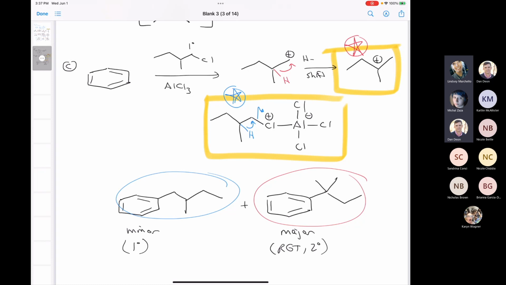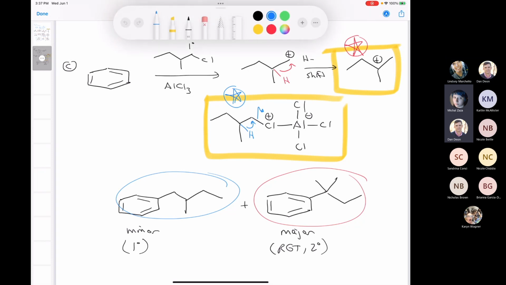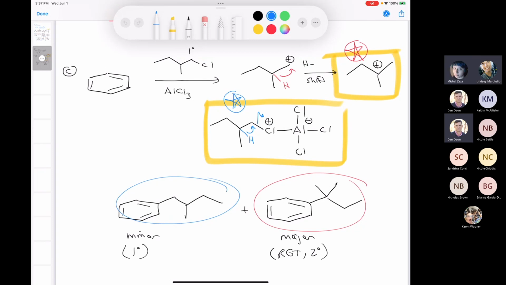Well, this is a tertiary carbocation. Yes, no, I absolutely know what you're saying, but the major product that you drew, I just wouldn't have thought that the tertiary would be where you drew it. I thought that it would be at the end of the structure.